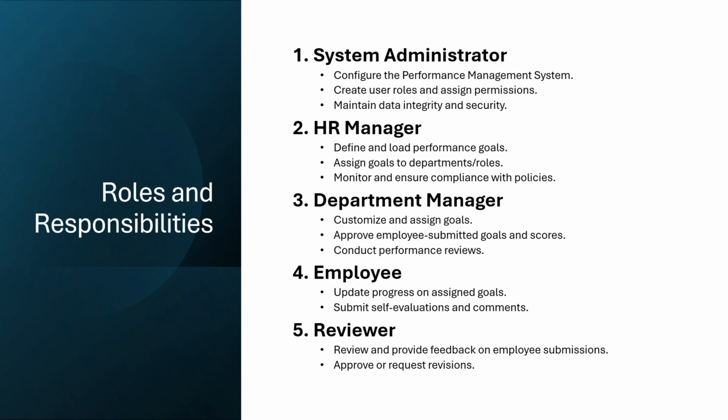The HR manager is the one defining and loading the performance goals, assigning those goals to departments, and monitoring compliance and policies. We also have the department manager, who's also in the employee table, but they'll have different user roles and permissions compared to a basic employee.